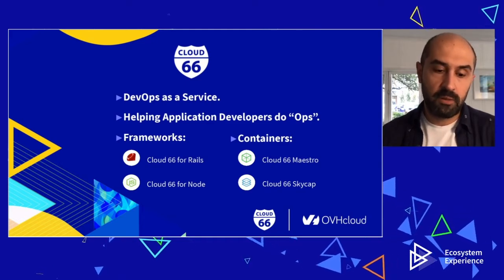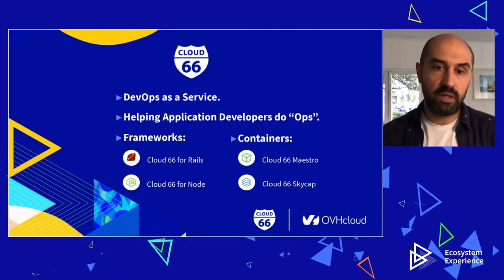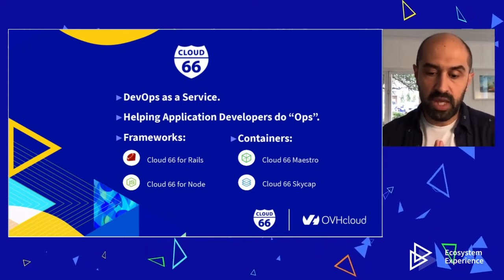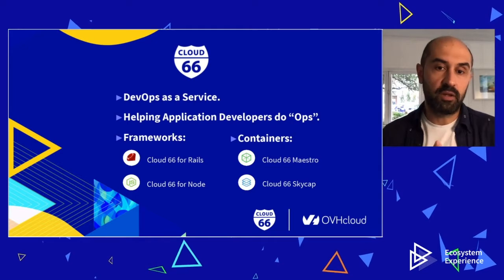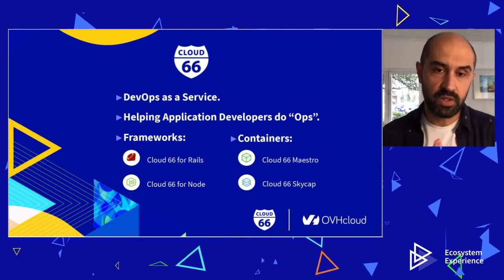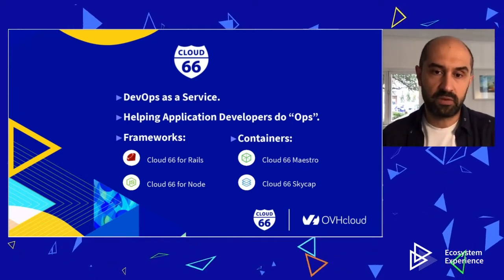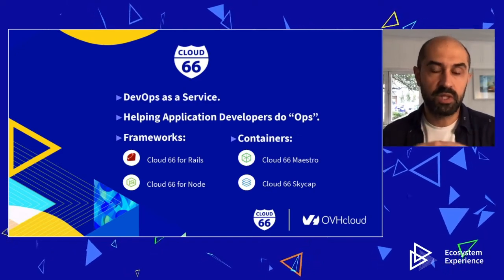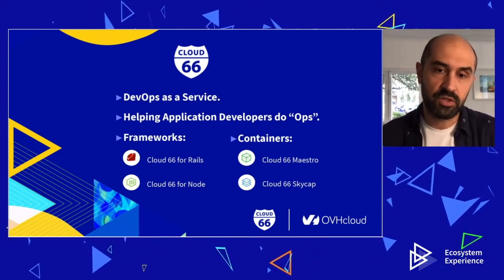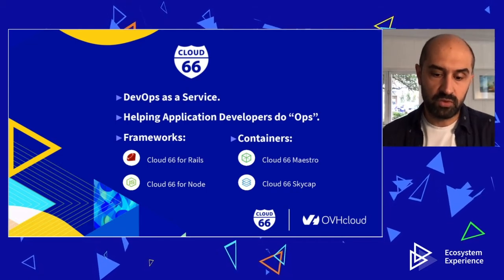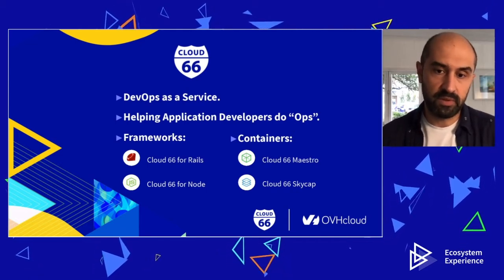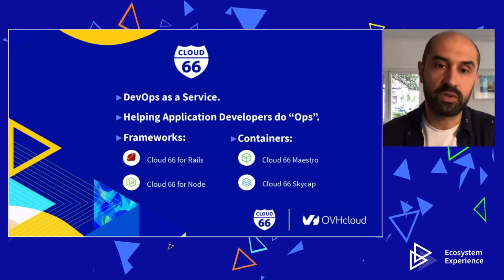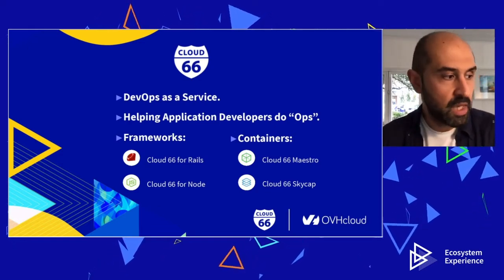We have seen that tens of thousands of developers use Cloud 66 on our platform, and they really like the developer specific and developer centric experience. That's the whole thing that we have to offer here: a very tight integration between an infrastructure provider and a developer centric application provider to deliver a great experience for developers, and having that experience transferred over to the users of the applications that they develop.